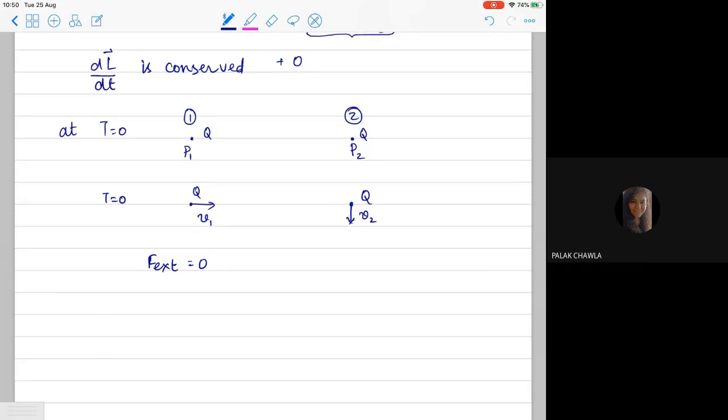Obviously I'm bringing all this up just to show you that the principle of conservation of linear momentum and angular momentum will be violated. Does that mean it is really violated, or is there something wrong with our understanding or the way we have defined the momentum of the system?